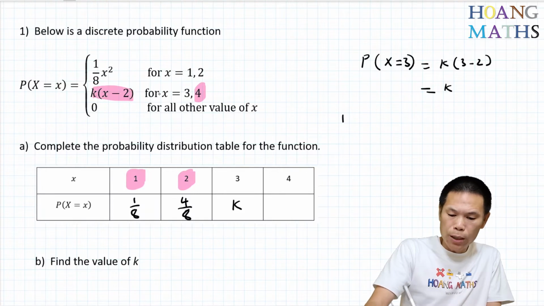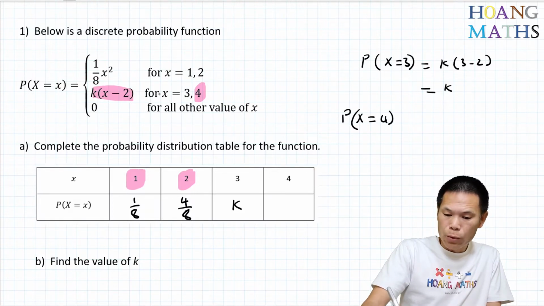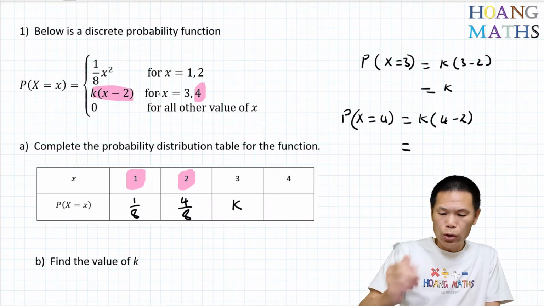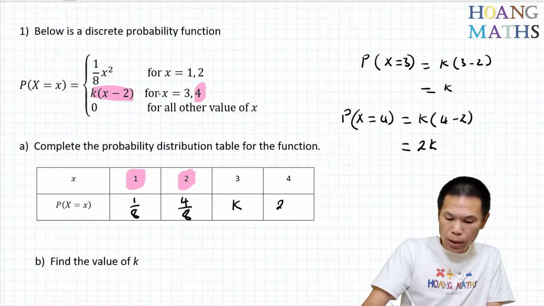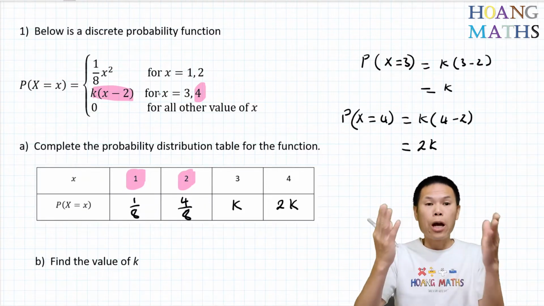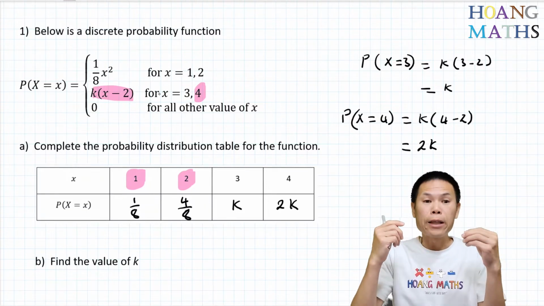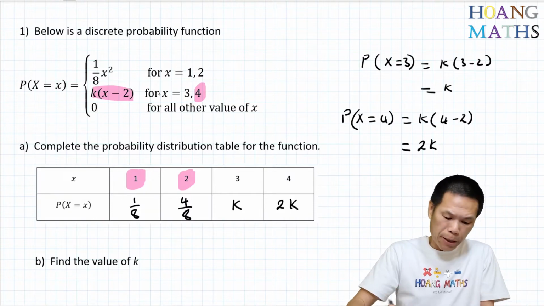So p of x equals 4 gives me k times 4 minus 2. 4 minus 2 is 2, so 2 times k is 2k. So the answer is 2k here. So there you go. Now we need to find the value of k for part B.